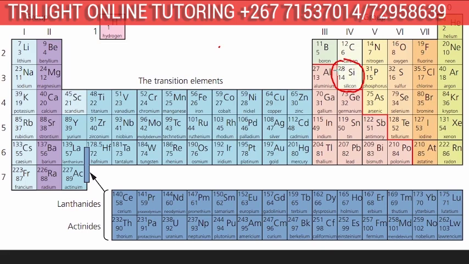We have the mass number here, and then we have 14 here, which is the proton number. So we have 14 and 28.